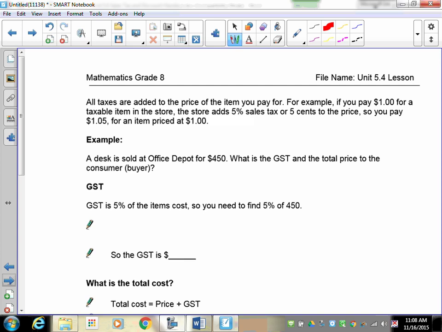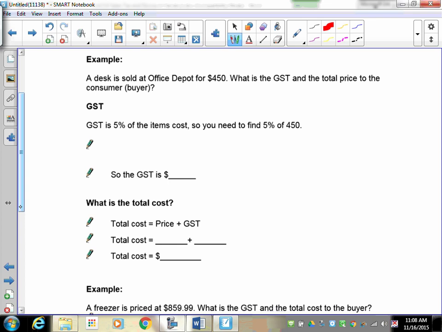Okay, so here's a desk that's sold in Office Depot for $450. What's the GST and what's the total price? Actually, not that difficult. It's exactly the same as finding a discount. Instead of where in a discount you'd subtract and take the money off, here you just add it on. So it's the exact same process. So we need to find 5% of $450. So 5 divided by 100 is 0.05.